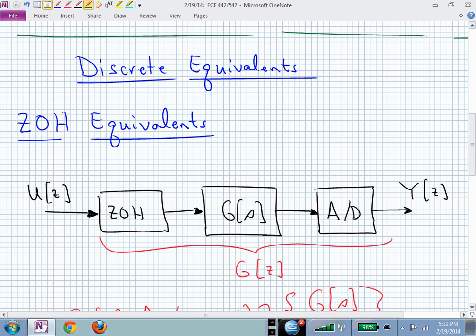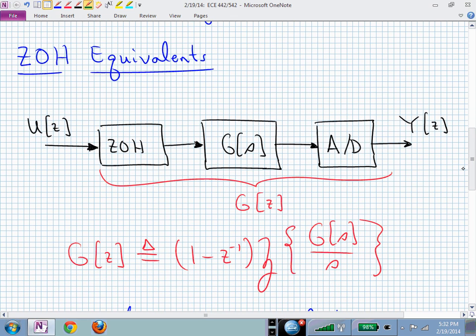Here's where we were before with discrete equivalence and the zero order hold equivalent in particular. We have a plant, G of S, and we are preceding that with a zero order hold. We derived this relationship: if we want to find the capital G of Z, which is the zero order hold equivalent of this plant G of S, we simply find the Z transform of G of S with one extra pole, where that extra pole is right at the origin.